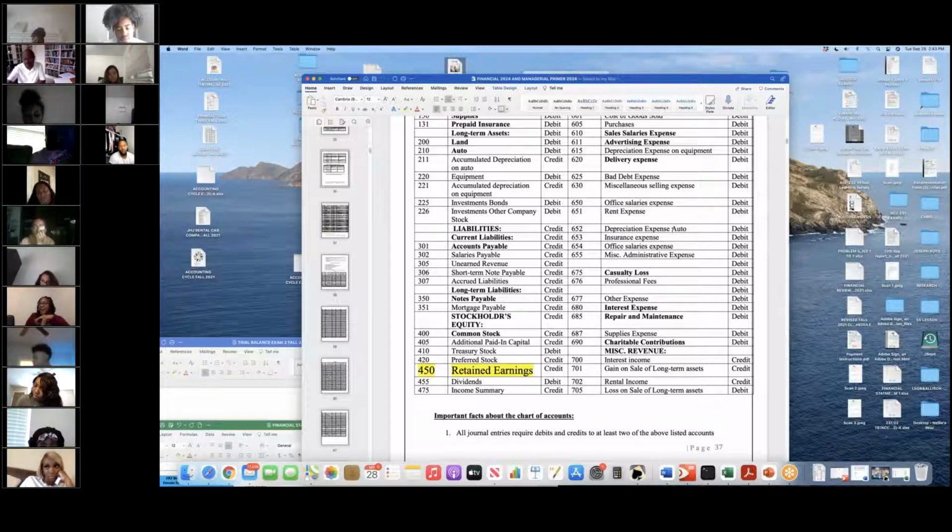Once we have prepared the financial statements, we close out all of these temporary accounts because once 2021 is done, then we have to accumulate the information for 2022. So we could have put all of these charges in retained earnings in the beginning, but it would have been very difficult to prepare the financial statements.